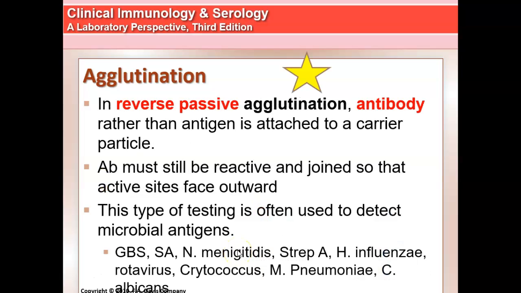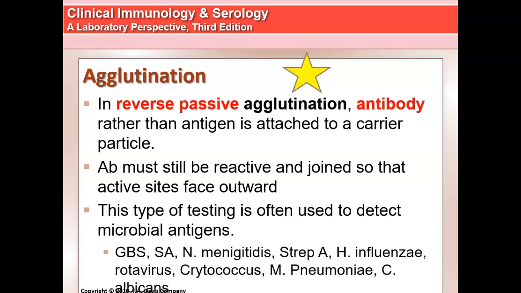In reverse passive agglutination, antibody instead of antigen is attached to the carrier particle. The antibody must still be reactive and joined so that the active sites face outward. So the FAB portions have to be outward, ready to bind with antigens.